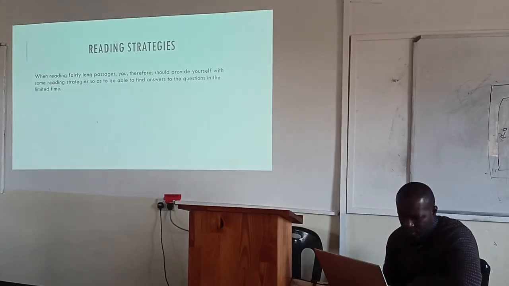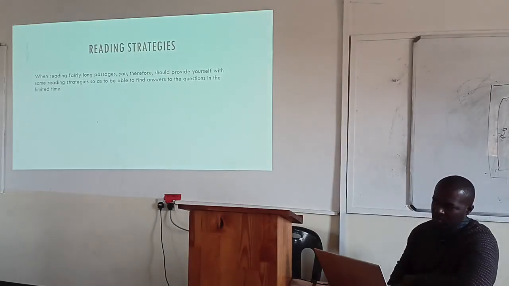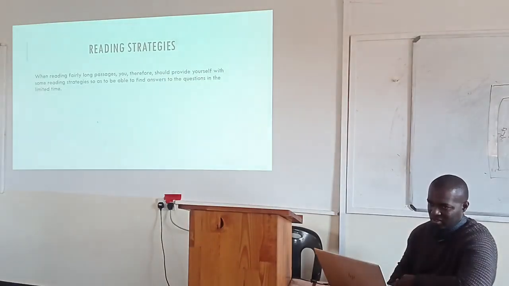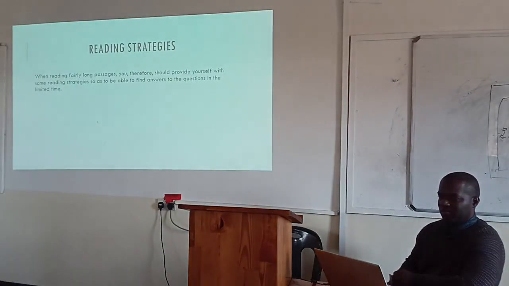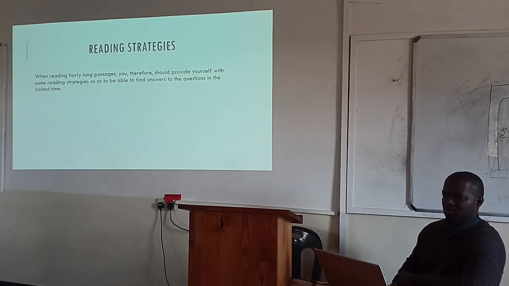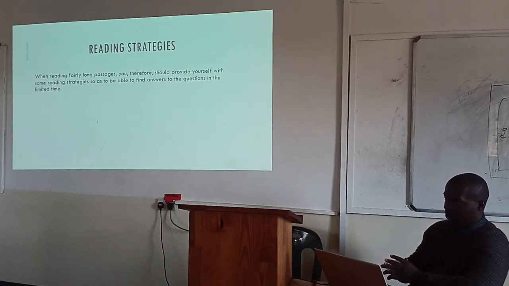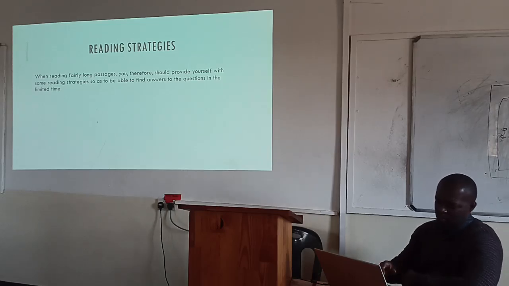Usually if you have a shorter passage, it's easier to just read anyhow. But when you have longer passages, you need to have a particular strategy, or else you are going to read it for 2 hours and discover that you didn't get anything, right?